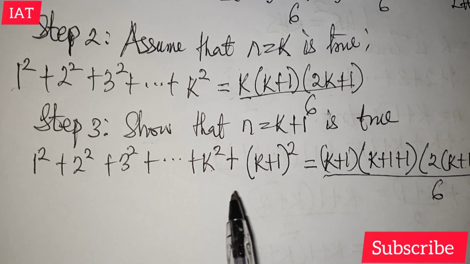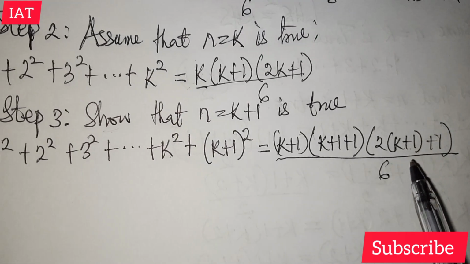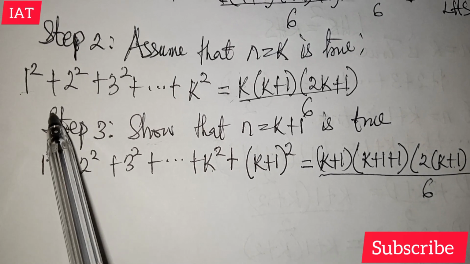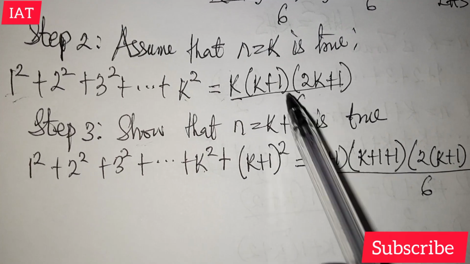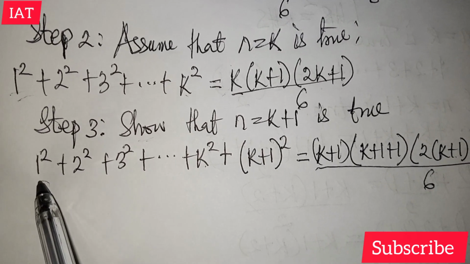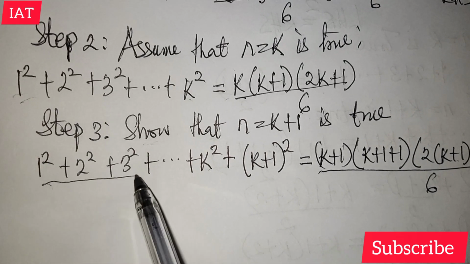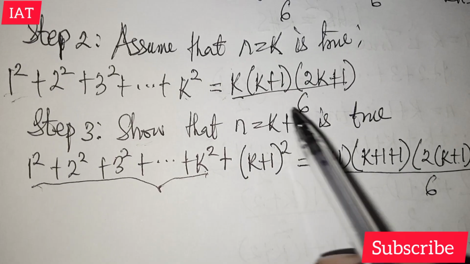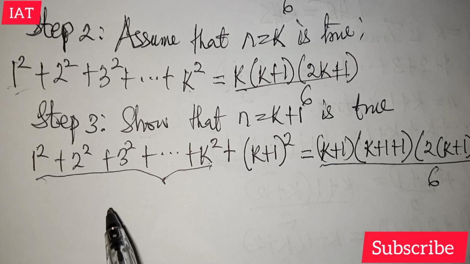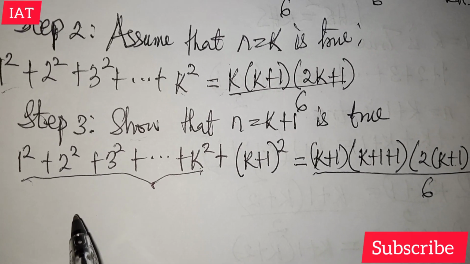So what do we need to do at this point? We want to prove that this left hand side is equal to the right hand side. From here to this point has the whole of this. So in place of this 1 up to this position of k, we'll replace it with the whole expression we have on the right hand side from step 2.